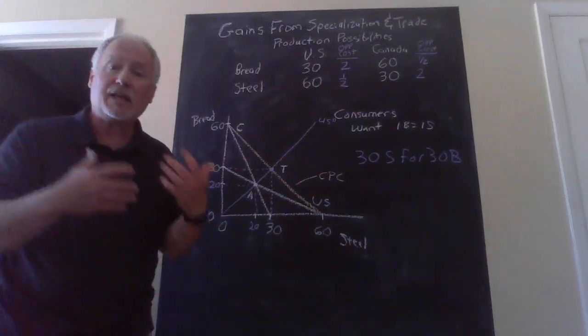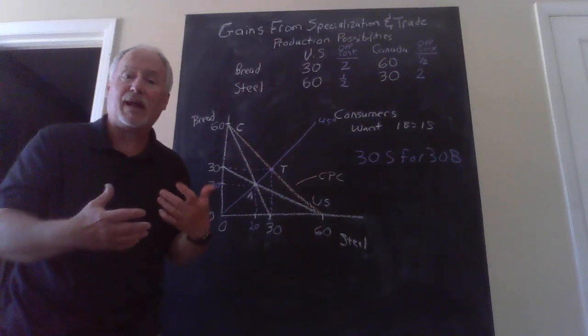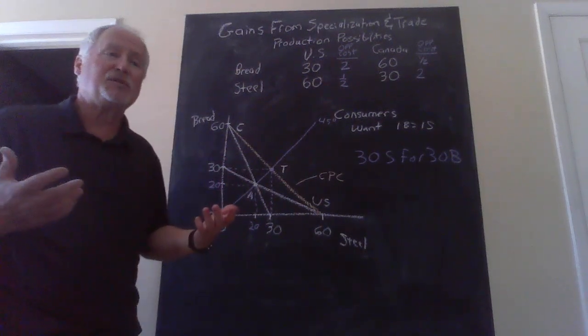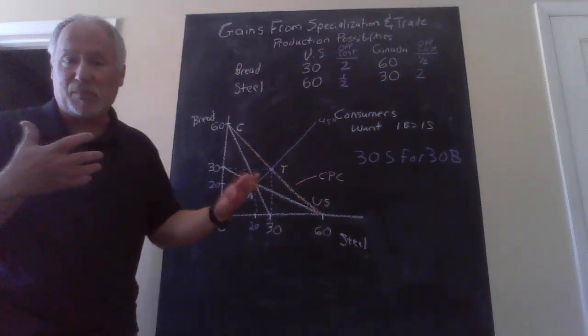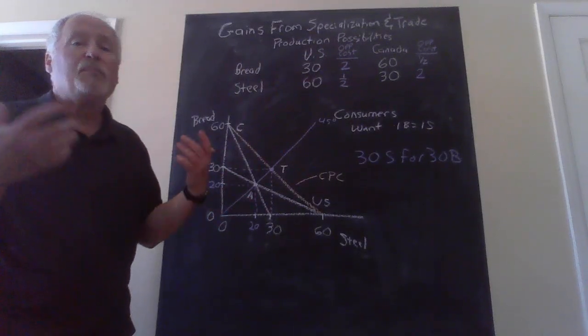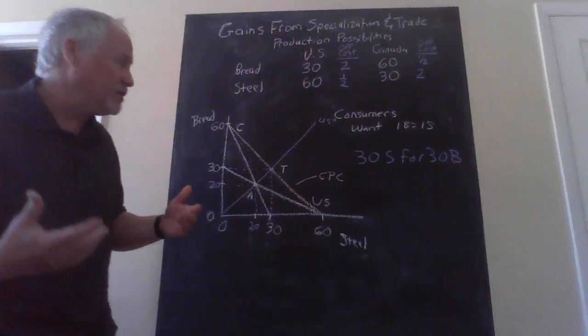With trade, they end up with 30 units of each. In autarky, each country had 20 units of bread and 20 units of steel. With trade, they each have 30 units of bread and 30 units of steel. We've got the same number of people in both countries, so on that basis, we would say that both Canada and the United States have to be better off.